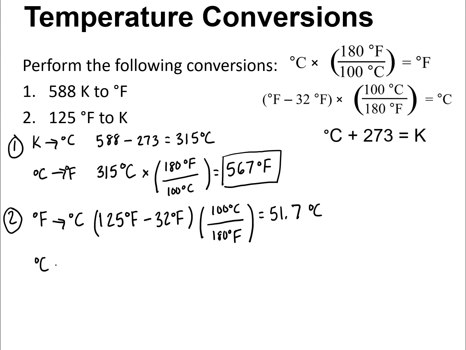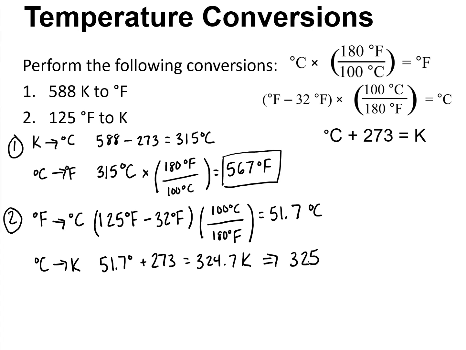To go from Celsius to Kelvin, you're going to take that 51.7, add 273, and you get 324.7, which will round with 3 sig figs to 325.